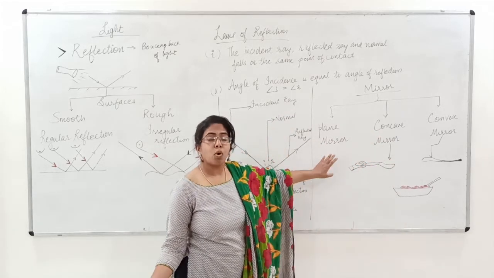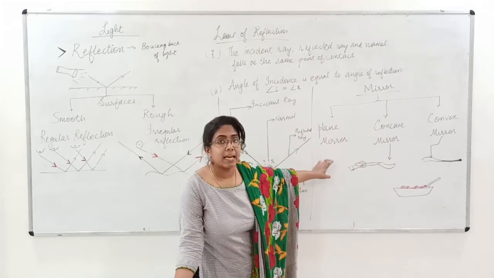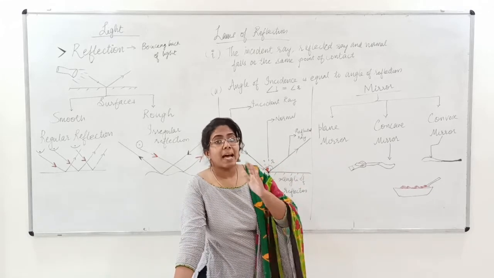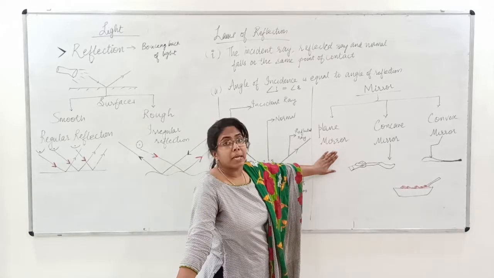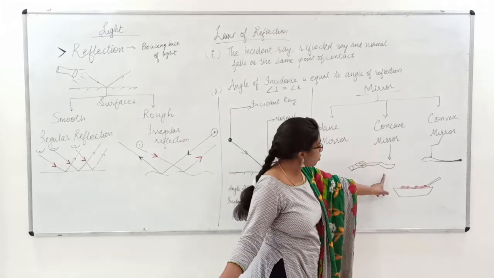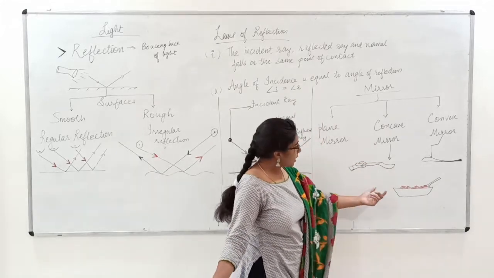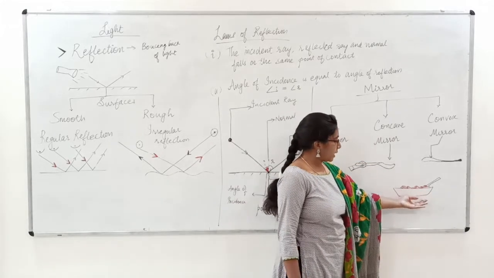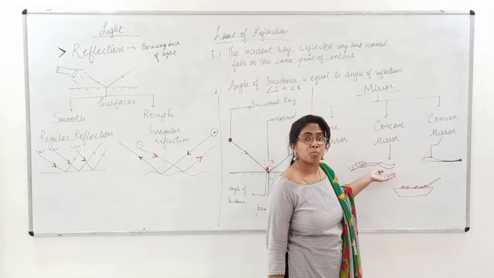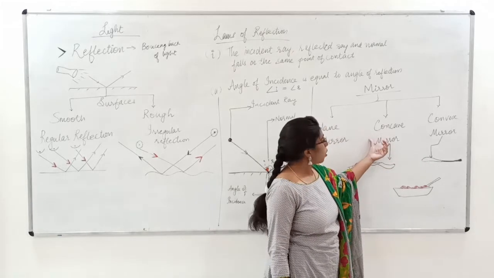Plane mirrors are the normal mirrors which we use in our daily life. That means every morning when you see your face in the mirror, those mirrors are plane mirrors. And we have concave mirrors. Here I have used two examples. You can see there is a plate and there were some spoons. So I have used the help of a spoon to explain what is concave and convex.